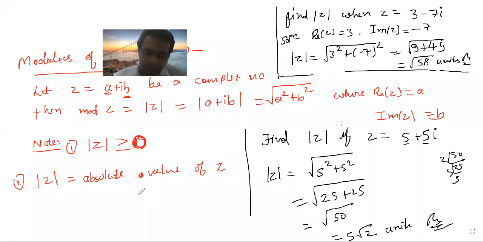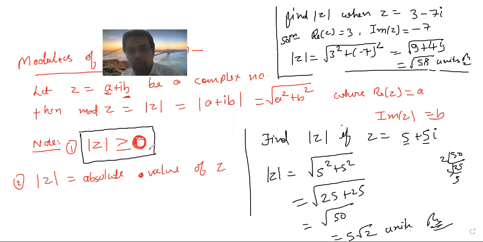What I told here, that mod z must be greater than or equal to 0. As we know, whenever there is a square root, suppose there is a value root 4, randomly given. What is the value of root 4?